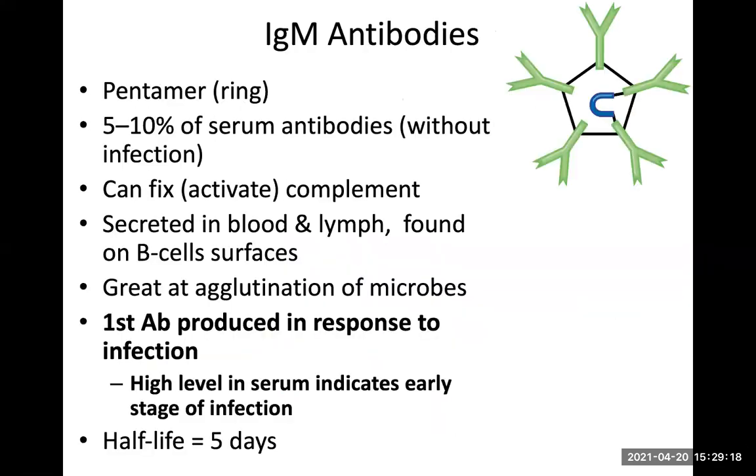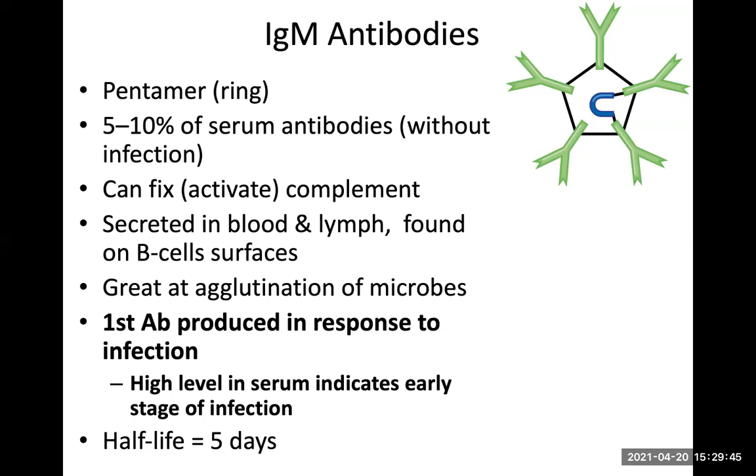All right, so IgM. There's not usually very much IgM circulating in your serum when you're healthy. This is the pentamer, the ring. It can fix or activate complement, but its strength is agglutination, as I mentioned earlier.